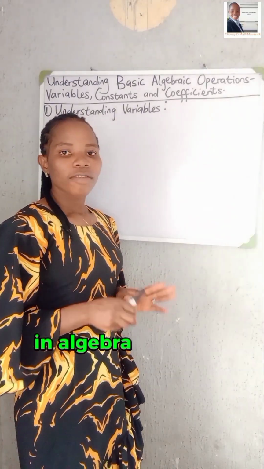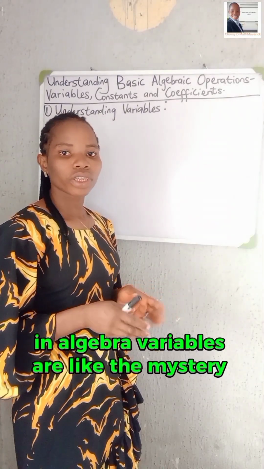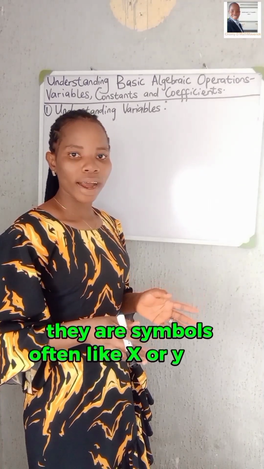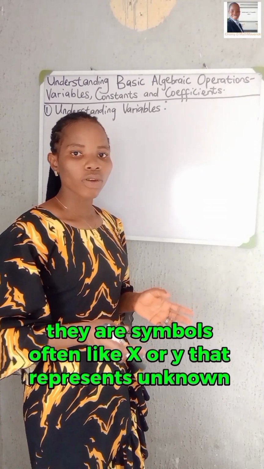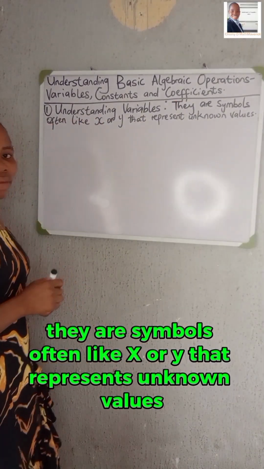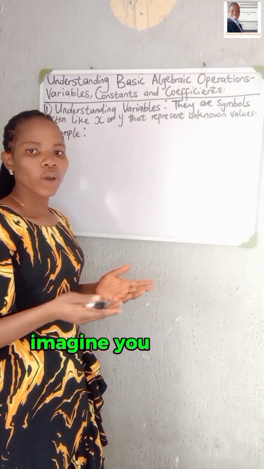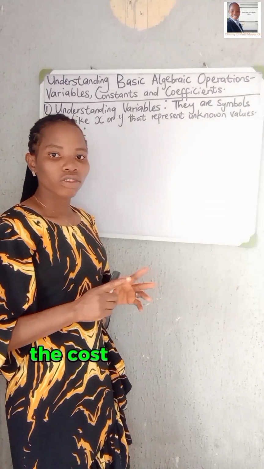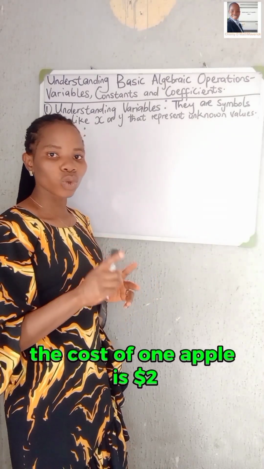In algebra, variables are like mystery numbers. They are symbols, often like X or Y, that represent unknown values. For example, imagine you are at a store and you want to buy some apples. The cost of one apple is $2.